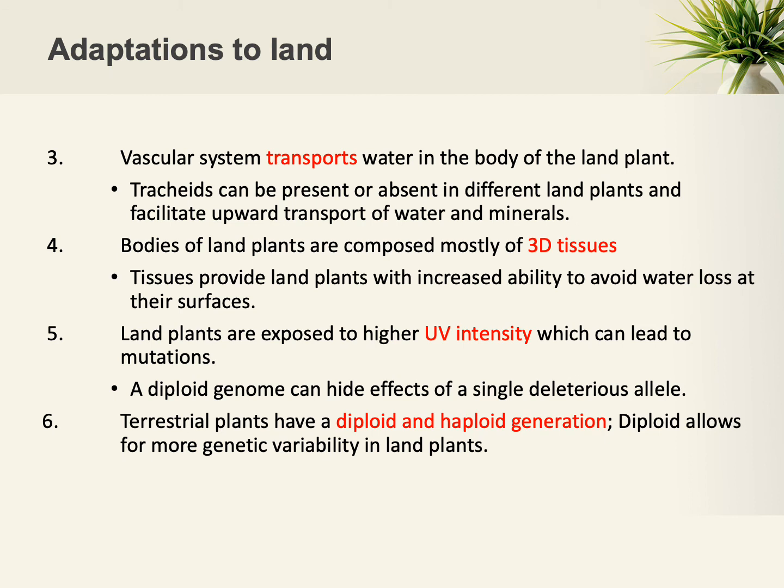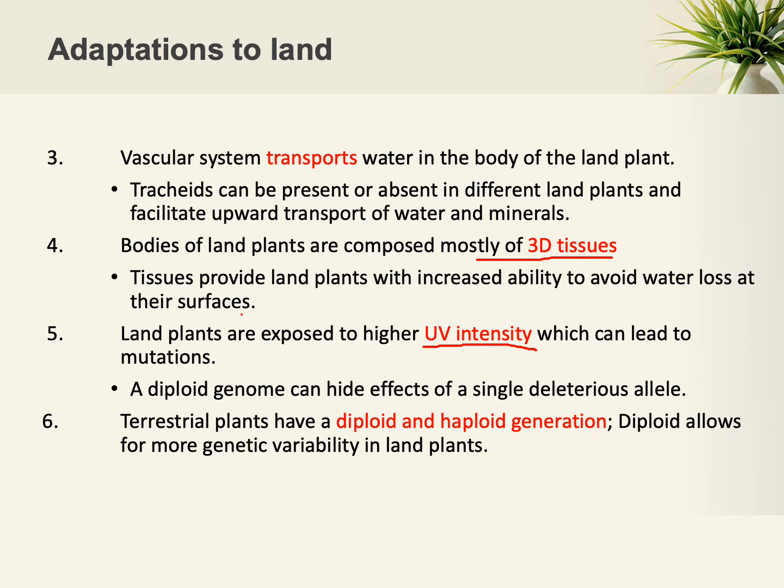The next point, the bodies of land plants are composed of mostly 3D tissues. Tissues provide land plants with increased ability to avoid water loss at their surfaces. The next one, land plants are exposed to higher UV intensity, so they have to have the adaptation to bear it.